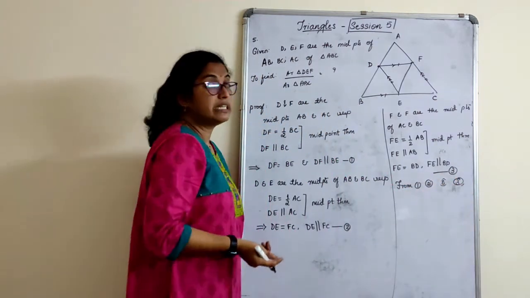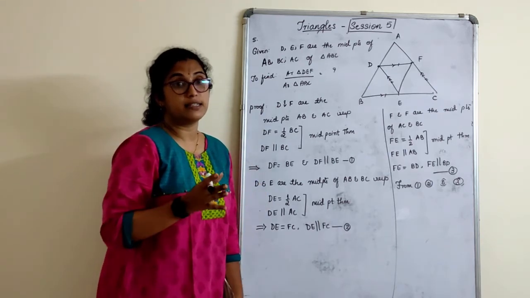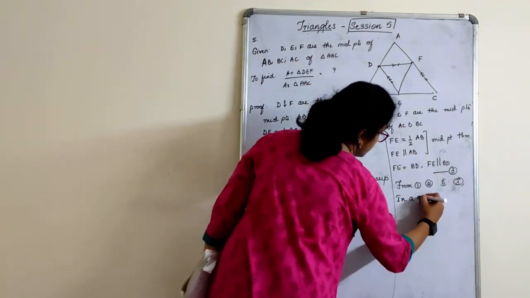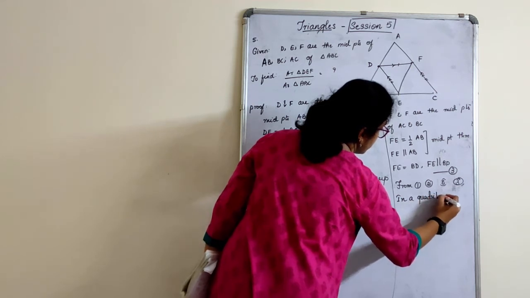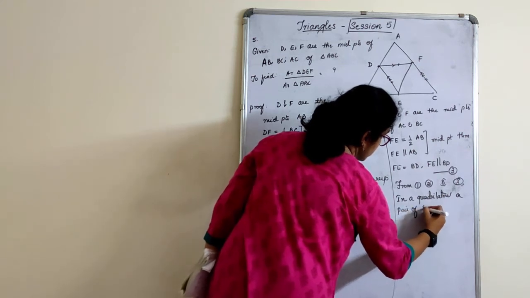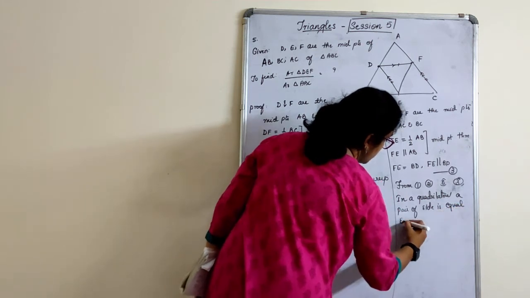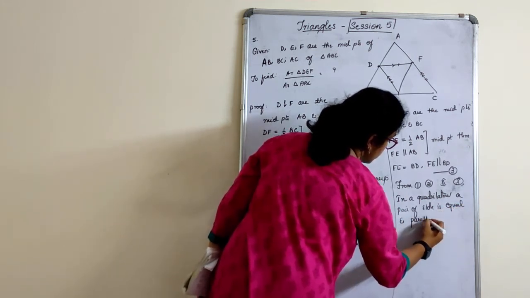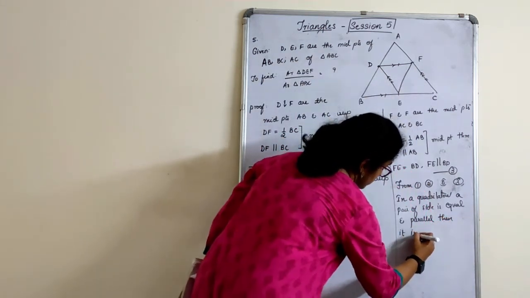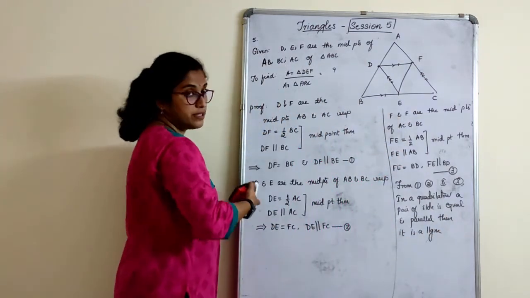From 1, 2 and 3, in a quadrilateral, if a pair of sides is equal and parallel, then it is a parallelogram, right? Shall I rub this children now?